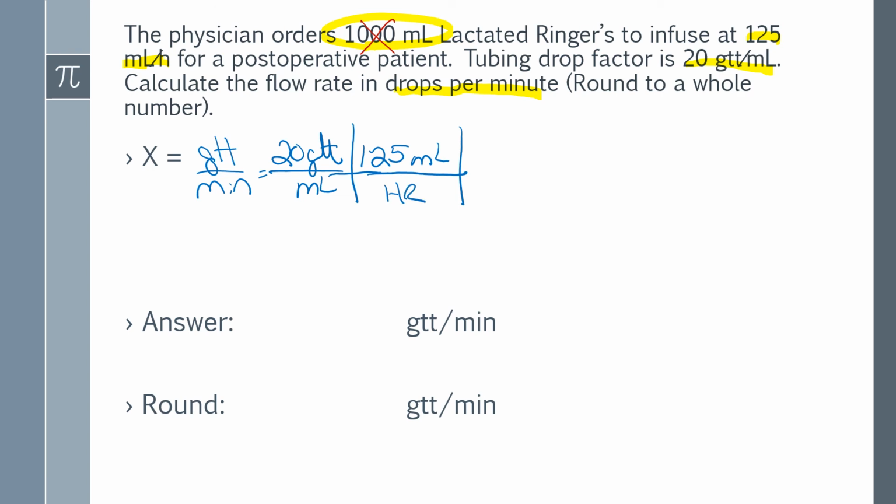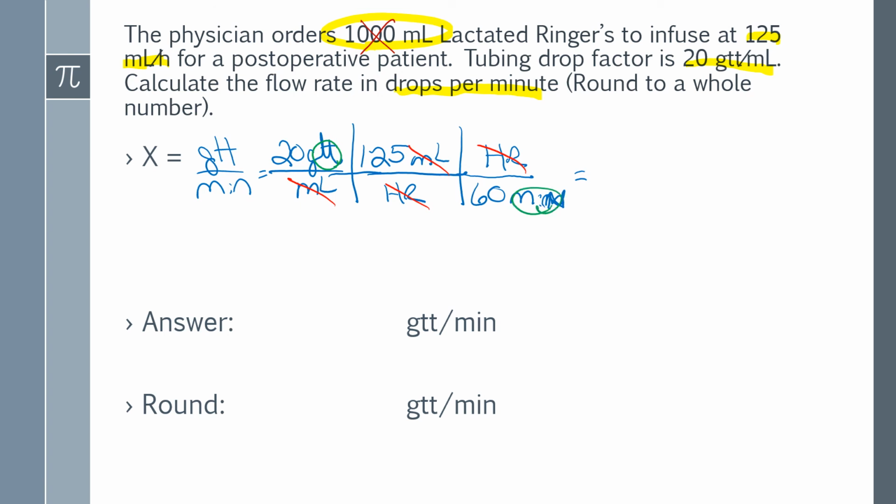That's how we're going to do our equation. I don't need hours, but I do need minutes, so I have to throw that on there. Whoops. Minutes. All right. Let me just check and see if my setup is right. I don't need milliliters. I don't need hours. The only thing I'm left with is drops per minute.